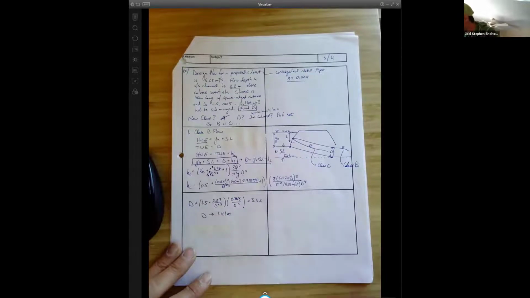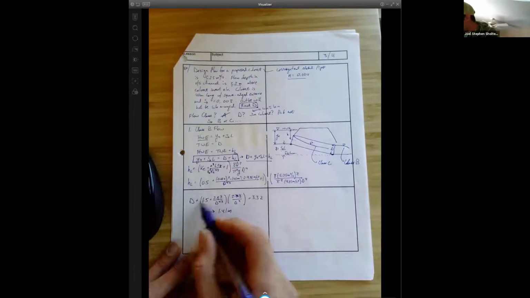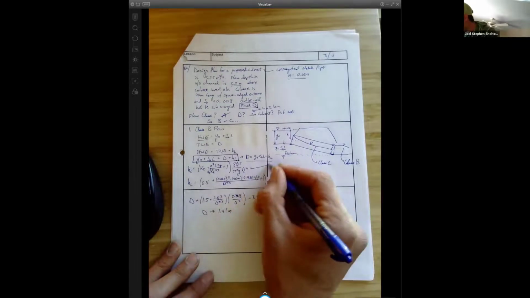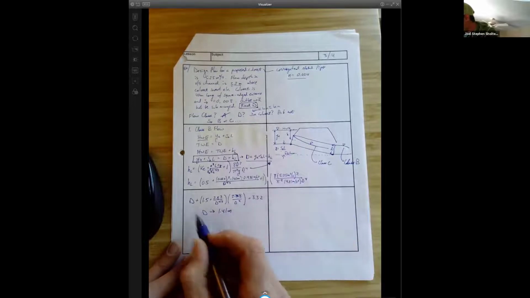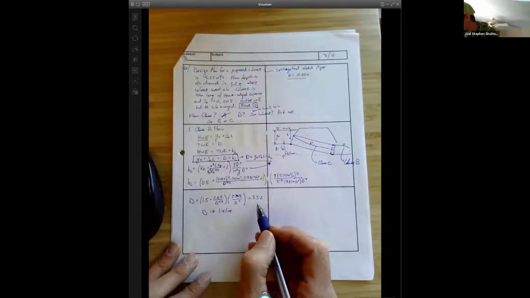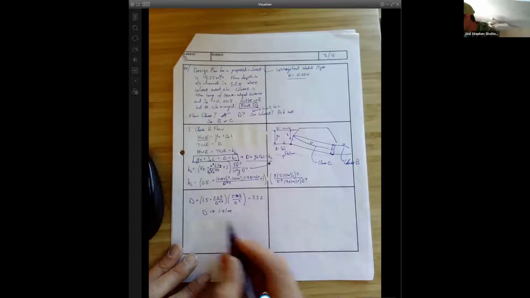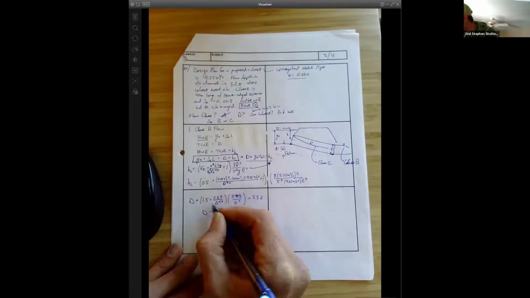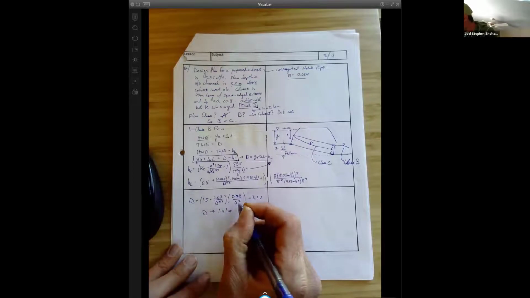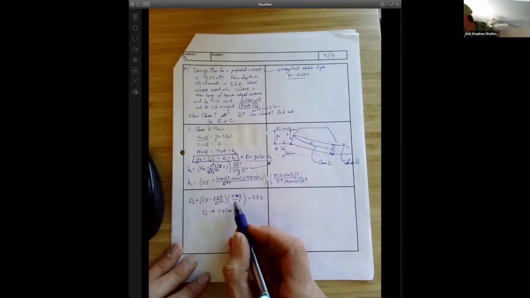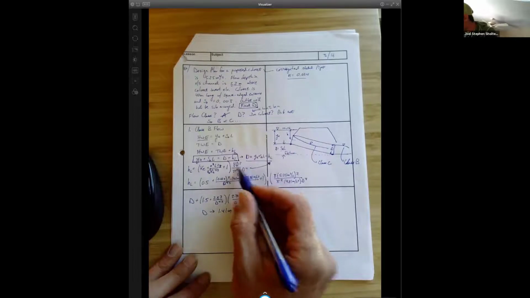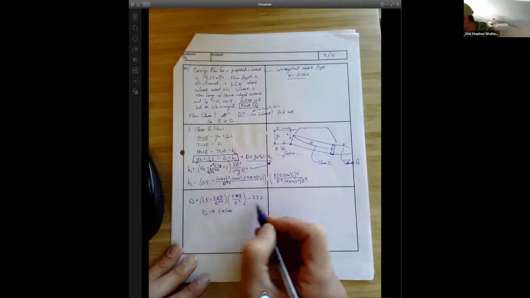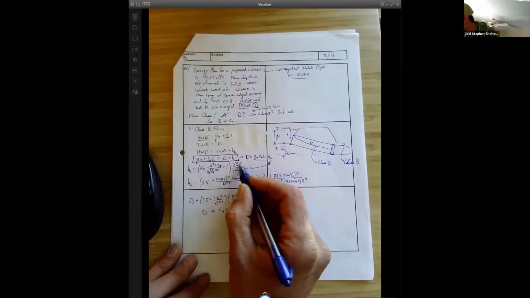And what we end up with is plugging in this equation for head loss. We can just end up solving for D. So D is going to be equal to this, our head loss, times this part, the discharge over D to the 4th, which we have from our design discharge.